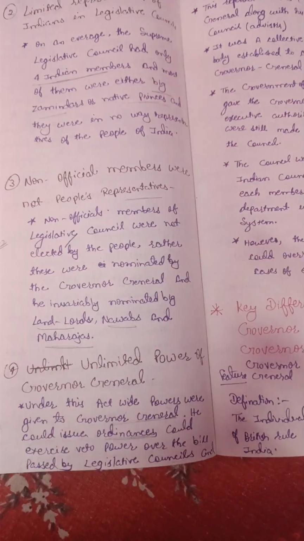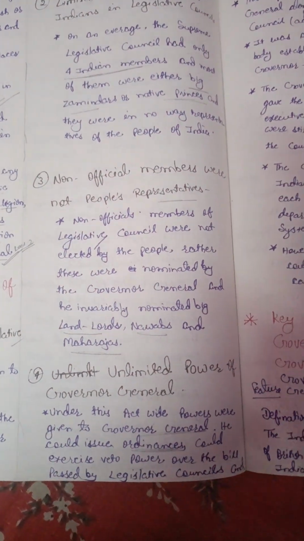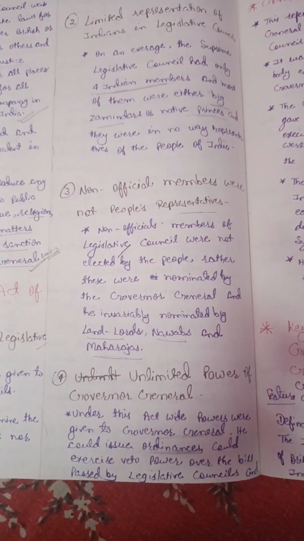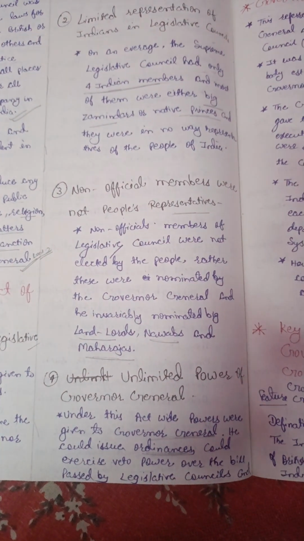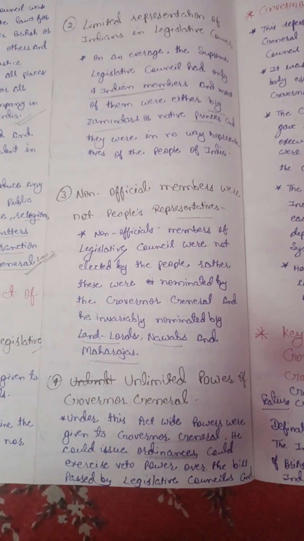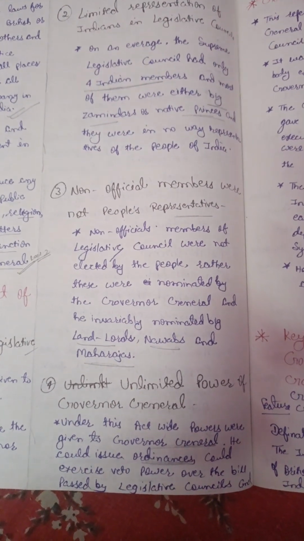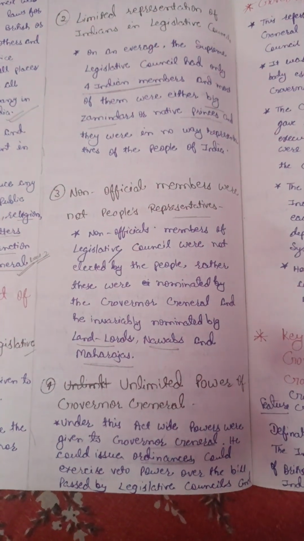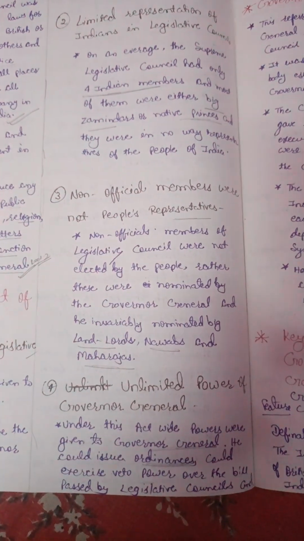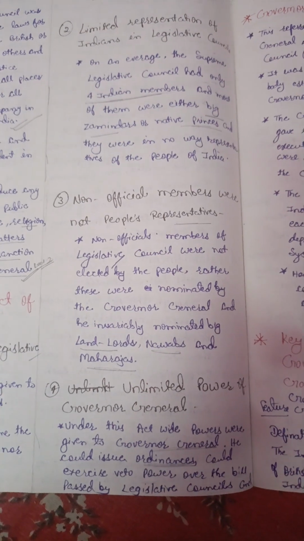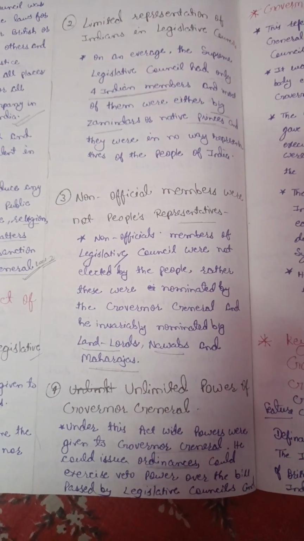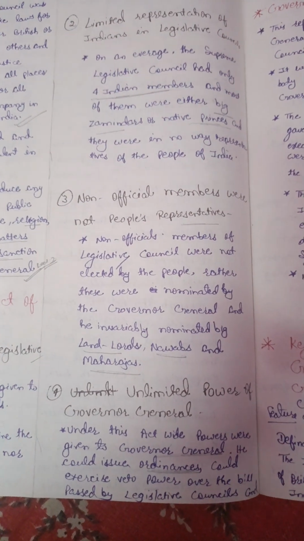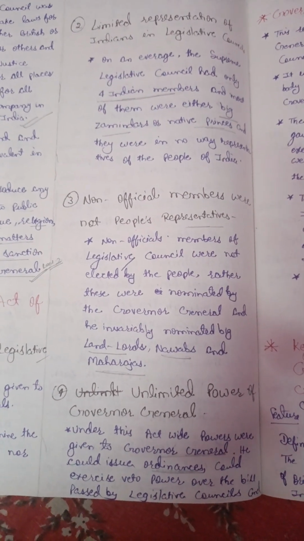Ultimately, the Governor General was taking the side of the British Crown, so even if certain changes were required and the Legislative Council suggested them, the veto power allowed him to refuse and do the things that favored British rule.